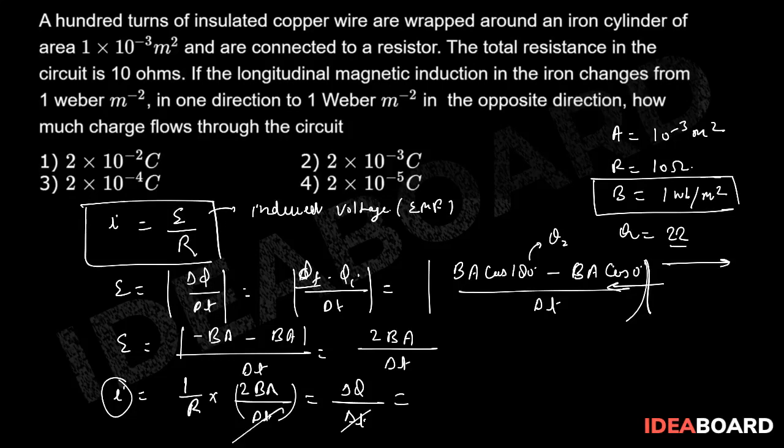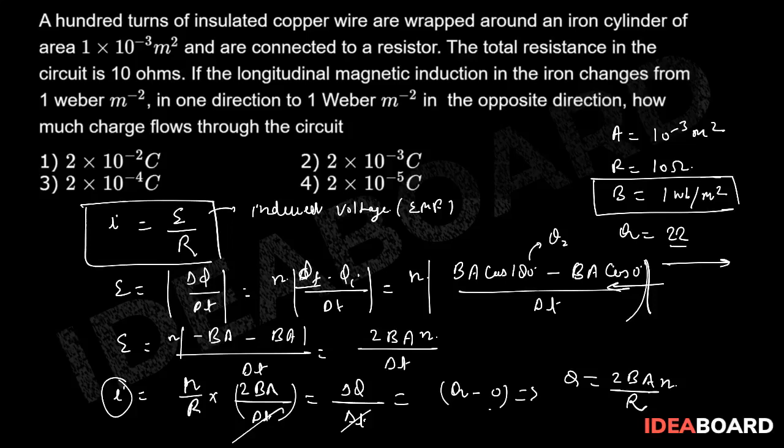Let us say initially charge was 0, then final charge is Q. So Q minus 0 will be equal to 2BA by R. One thing I left out, the total number of turns is given to be 100. So there will be a factor of n in all the steps. So charge Q is equal to 2BA upon R into n.